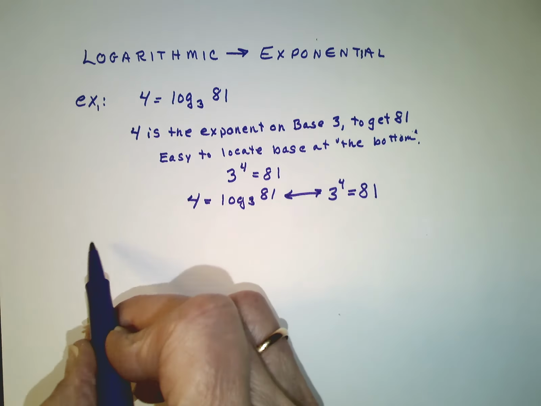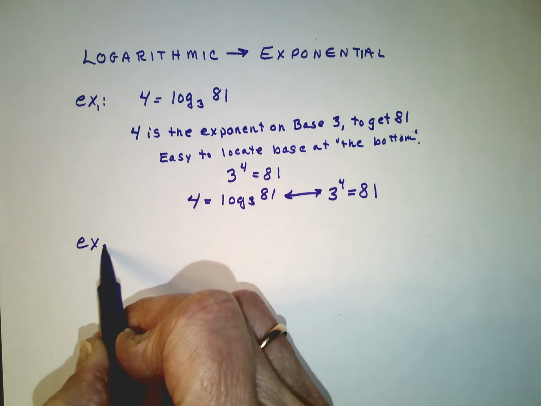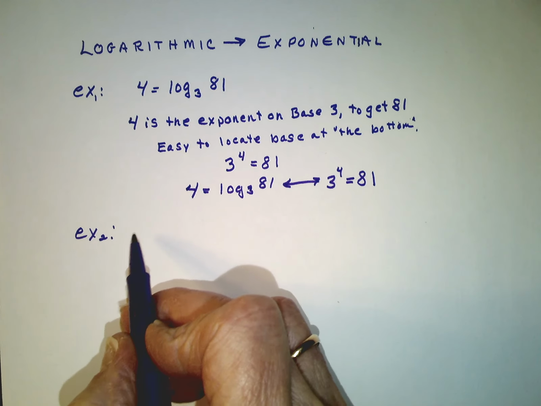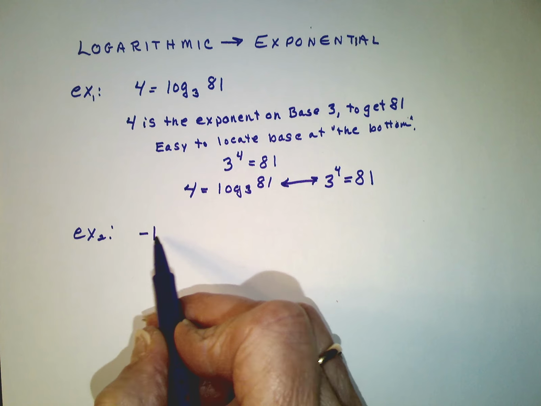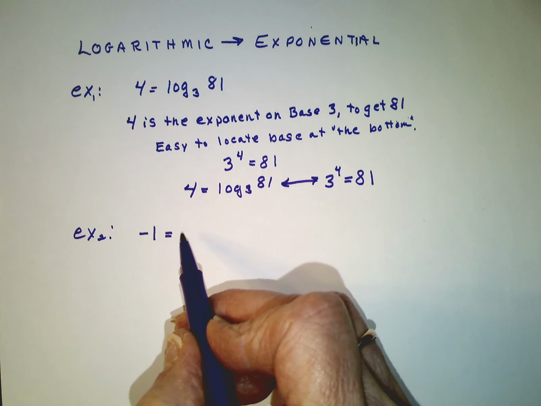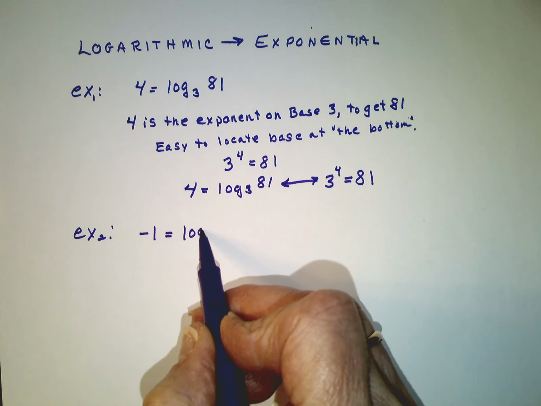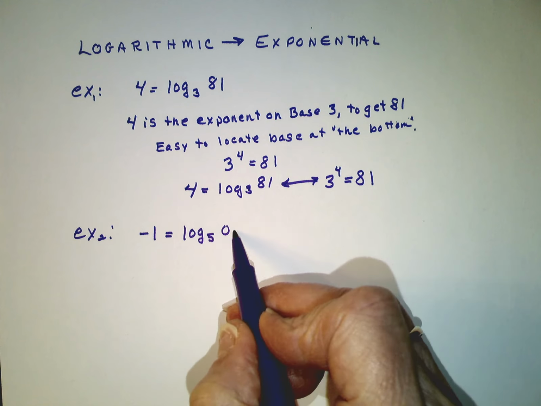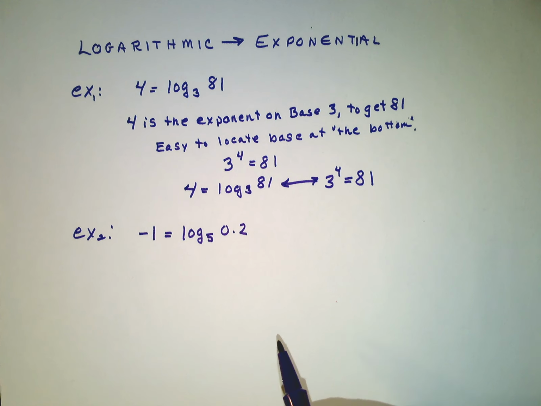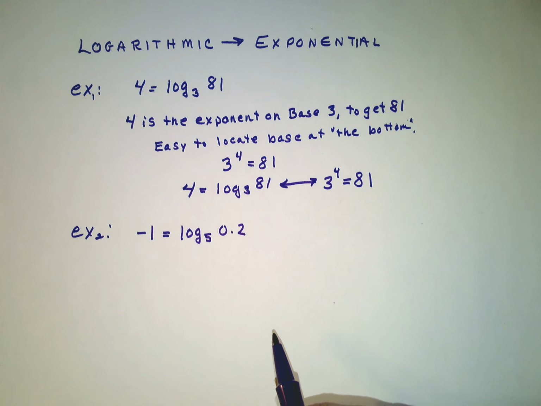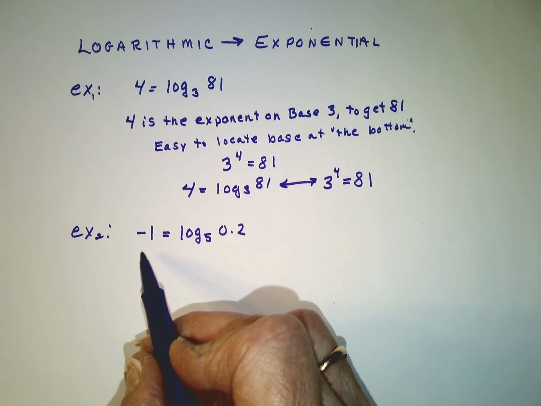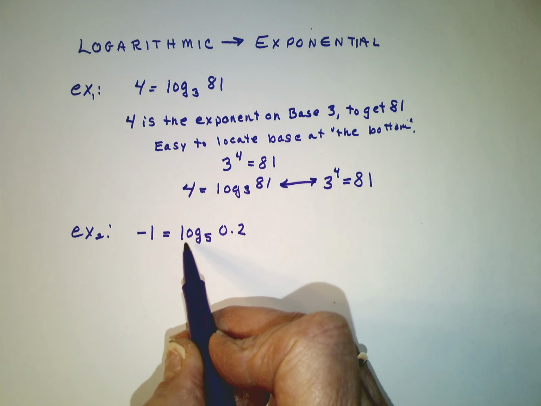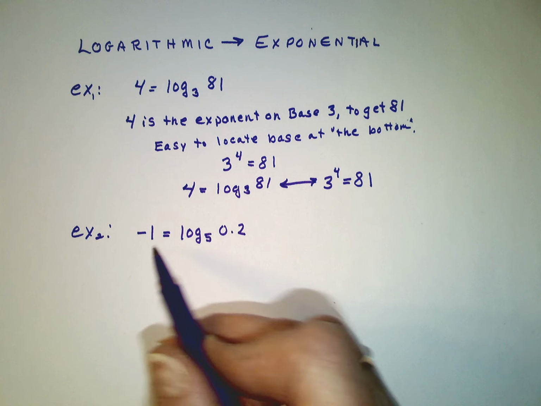How about another example. If we have -1 equals log base 5 of 0.2. Okay, so the log is the exponent. The log equals -1.